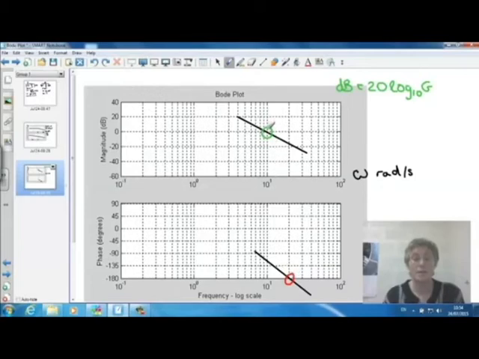So the two things we're interested in are this point, and we want to extrapolate that down onto our phase plot, and we also want to extrapolate the minus 180 degree phase point up to our gain plot up here. Okay, so these tell us how much we can shift the gain plot or the phase plot until we get the point of instability, and we want a reasonable phase and gain margin for an amplifier.